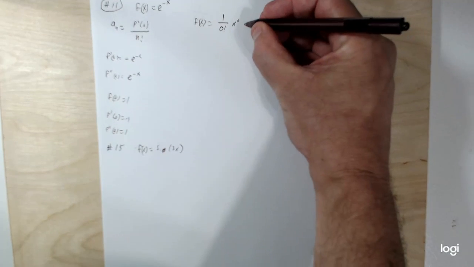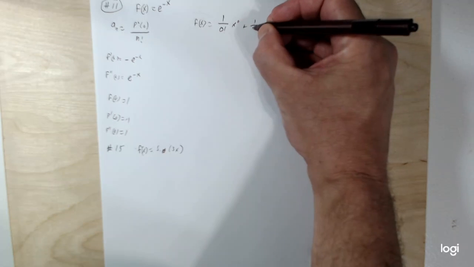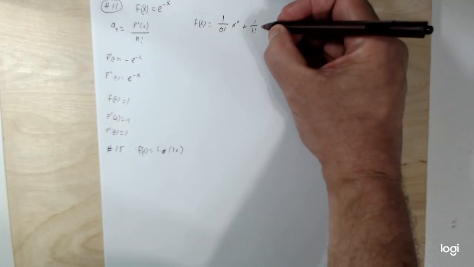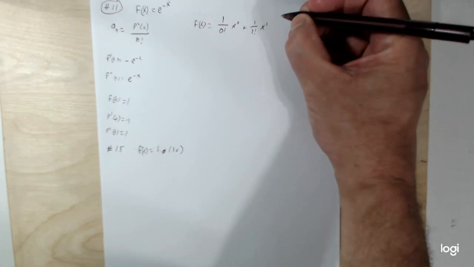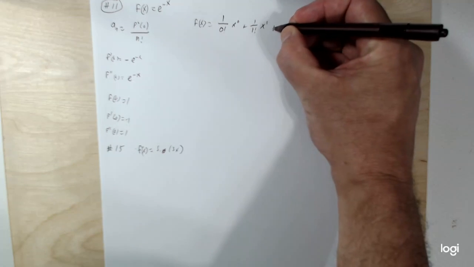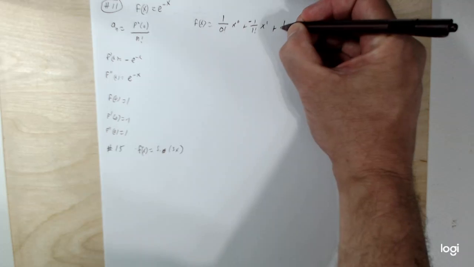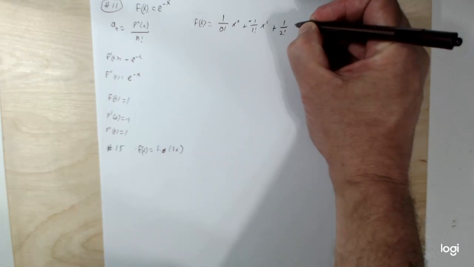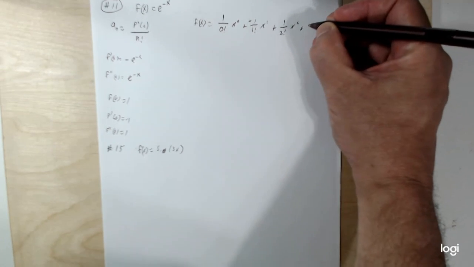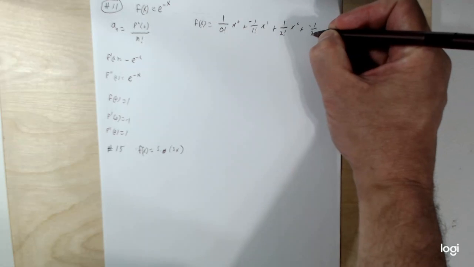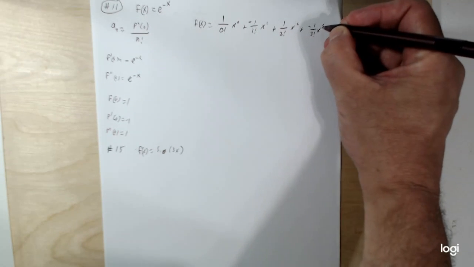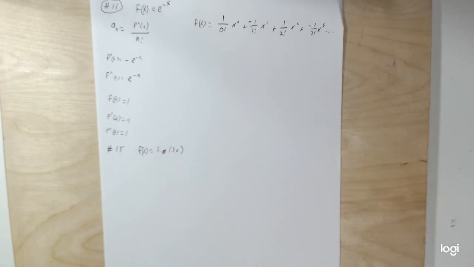Then we're going to get plus negative 1 over 1 factorial times x to the first, plus 1 over 2 factorial x squared plus negative 1 over 3 factorial x cubed, and so on.